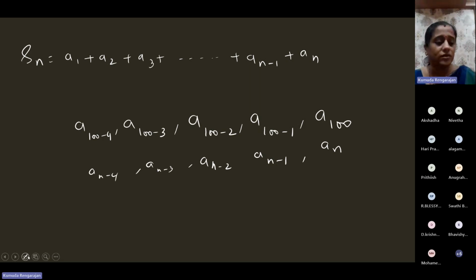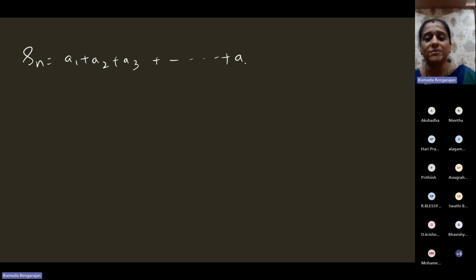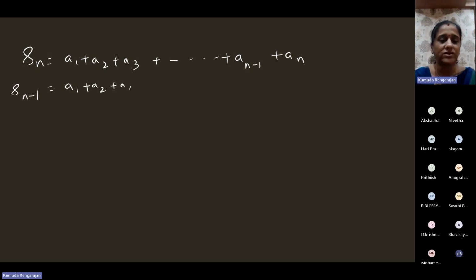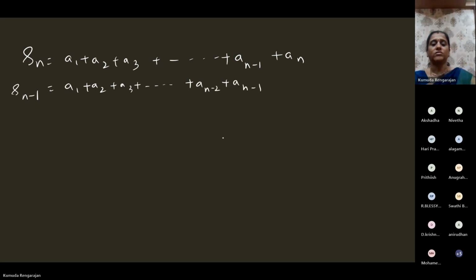All right? So Sn is equal to A1 plus A2 plus A3 plus An minus 1 plus An. Sn minus 1 is A1 plus A2 plus A3 plus An minus 2 plus An minus 1.